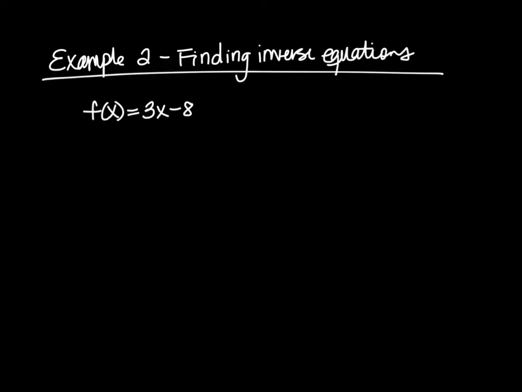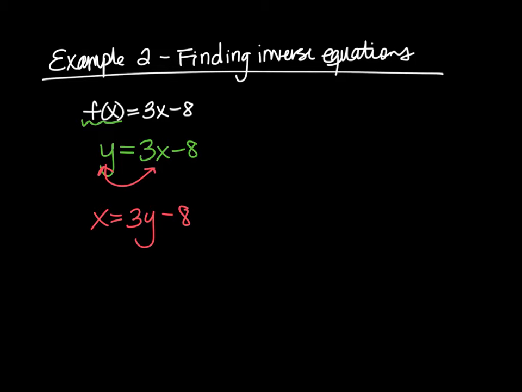All right, last example is how to find inverses from equations. So the first thing, they're going to give you the original function and say f of x. We've learned before this year that that's another way of just saying y equals 3x minus 8. And then to find the inverse, we said we have to switch the x and the y. So this becomes x equals 3y minus 8.